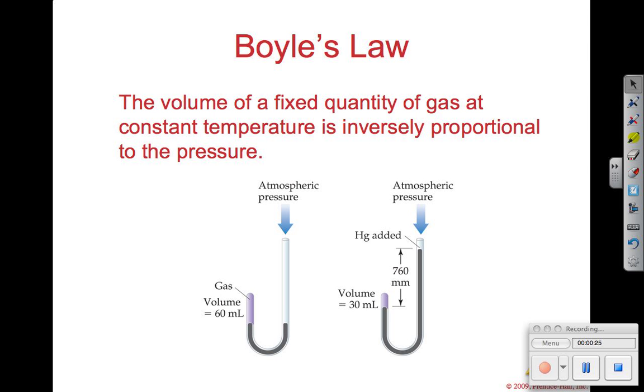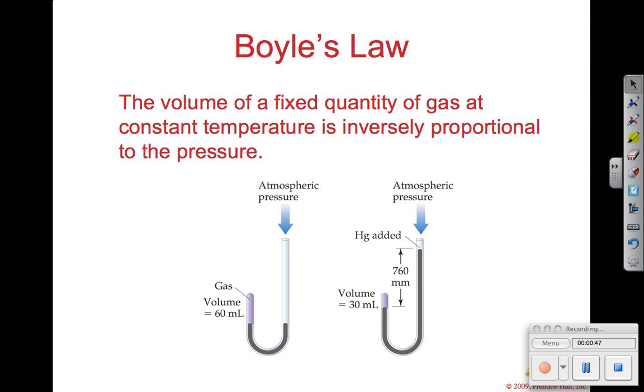Boyle's law is related to the relationship between volume and pressure, and how things change when one goes up, what happens to the other one. So the volume of a fixed quantity of gas, so we have a certain amount of gas and we aren't changing the amount of gas that's present, that's held constant, and so is temperature.